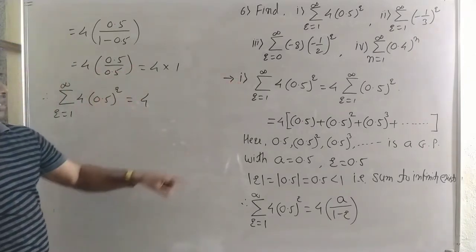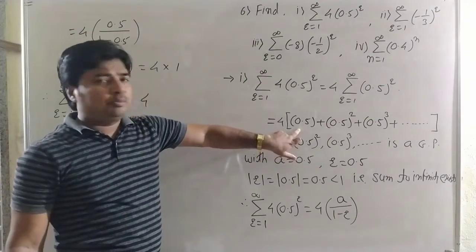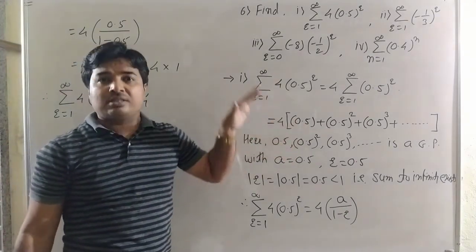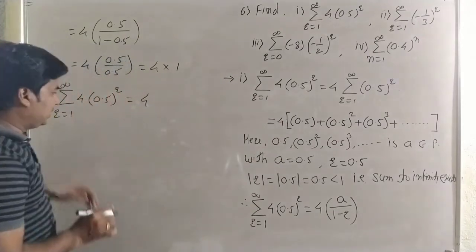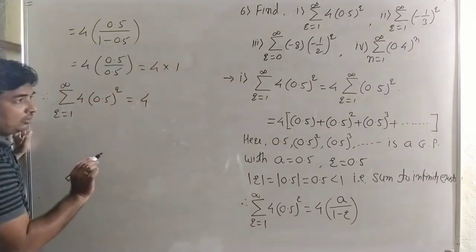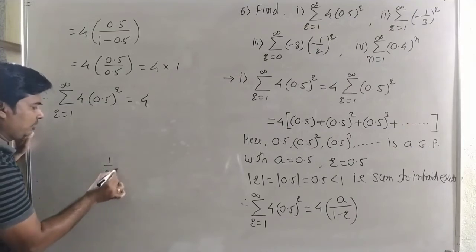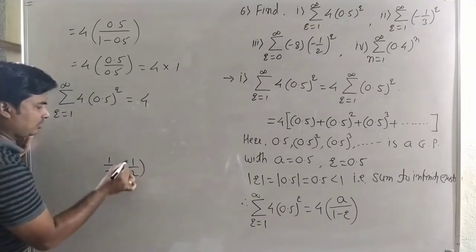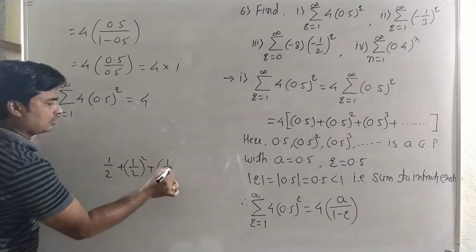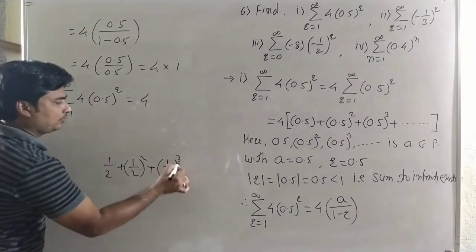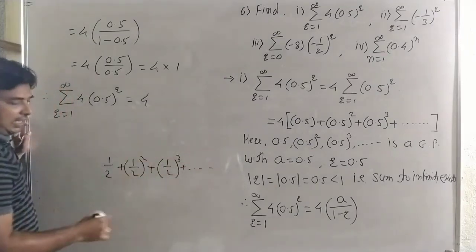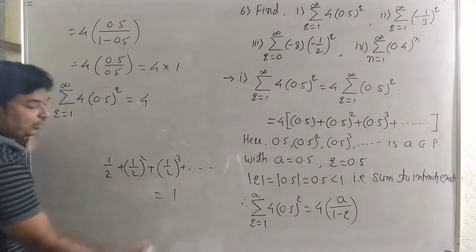Okay, see carefully here. Such type of example we have already discussed in the last lecture. But in the last lecture it was given as 1 by 2, not 0.5: 1 by 2 plus 1 by 2 square plus 1 by 2 cube up to infinity, and the sum is 1.